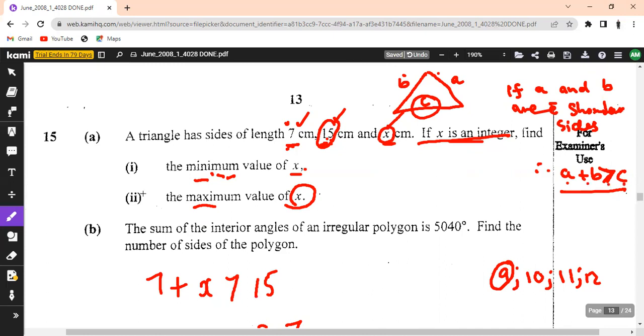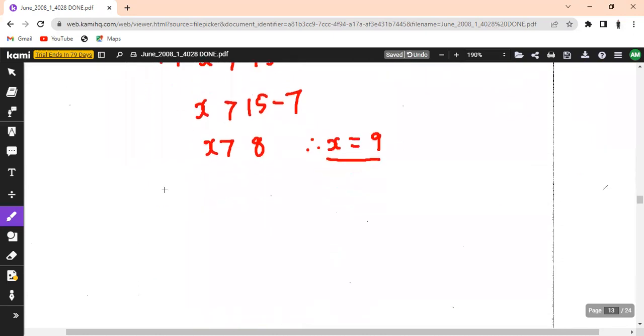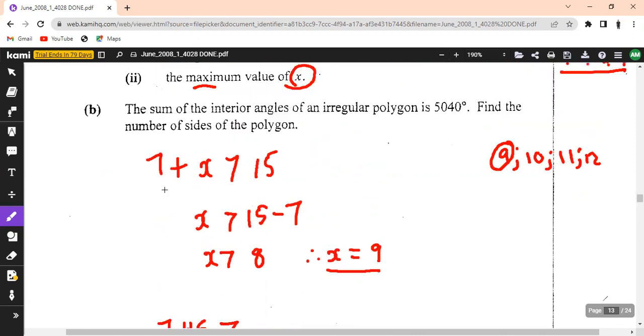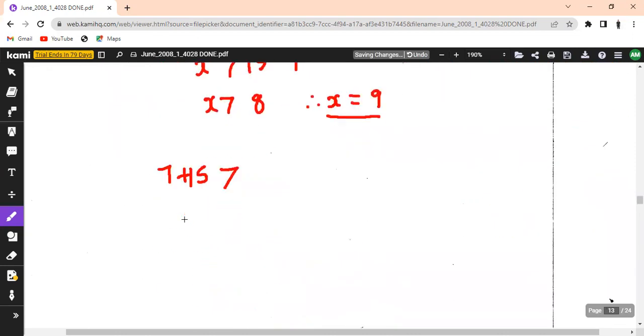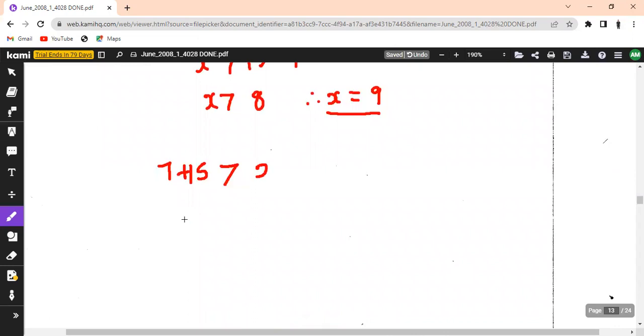So 7 plus 15 must be greater than x. All right, 7 plus 15 is 22, so 22 is supposed to be greater than x.